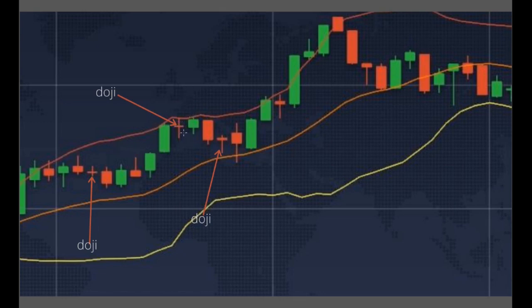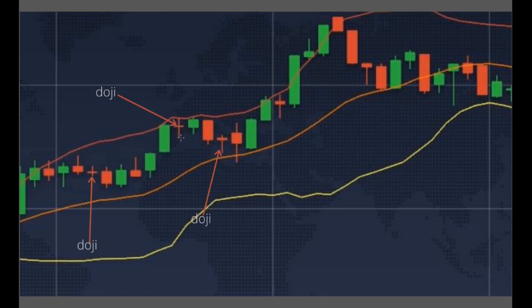A doji is like a sign of the cross, without a body or with a very small, insignificant body. You can see the open and the close are not really wide apart. The size of the body is insignificant here.